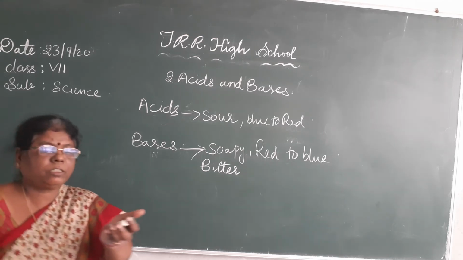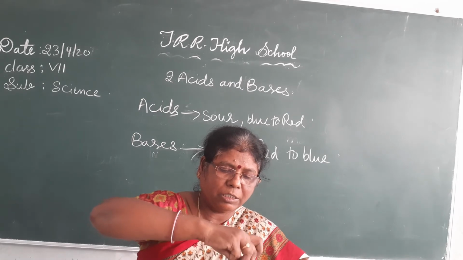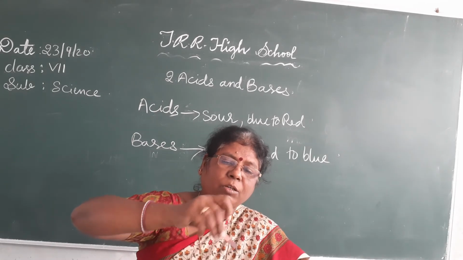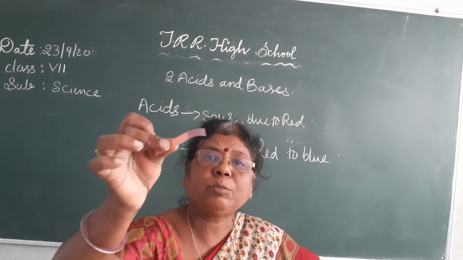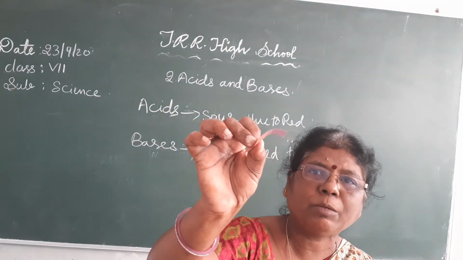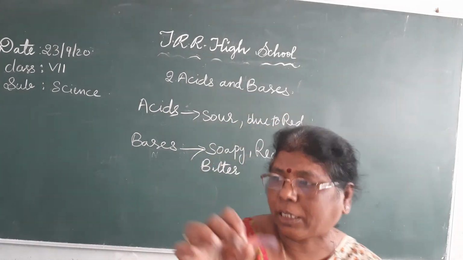See, I am using this cooking soda. The color you will get, see, is that red litmus changes into blue color, means the cooking soda is also basic in nature, isn't it?